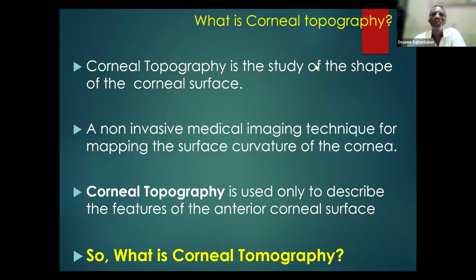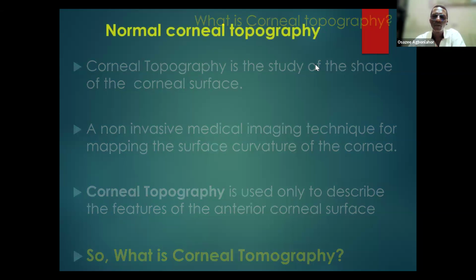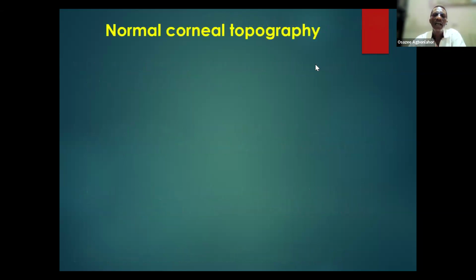When you hear of a retinal tomogram, you have information on what is happening at the surface and what is happening underneath. So the difference between corneal topography and corneal tomography is that corneal tomography gives you much more information than corneal topography.